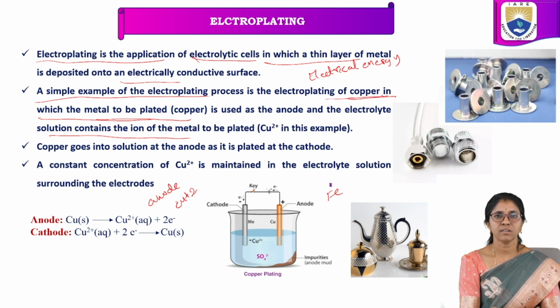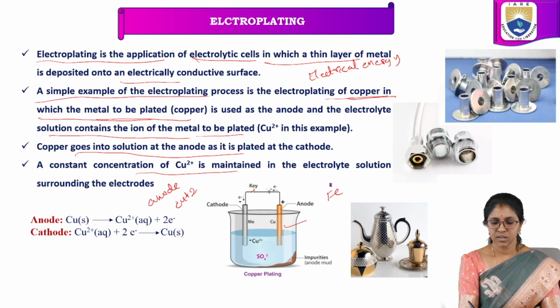The copper, the metal to be plated, acts as the anode. The copper goes into the solution at the anode, and it is plated at the cathode. A constant concentration of Cu2+ is maintained in the electrolyte solution surrounding the electrodes.